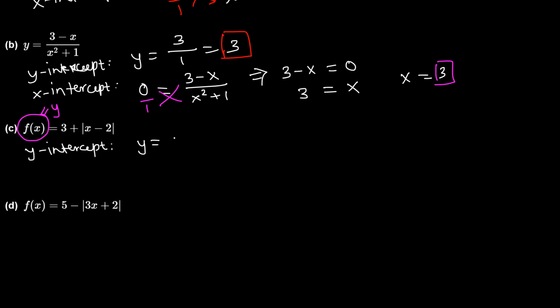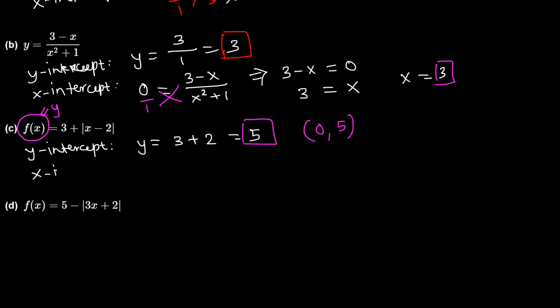So y equals 3 plus the absolute value of 0 minus 2, which is negative 2. The absolute value of negative 2 is just 2, so 5. So the y-intercept is just 5. If the question asks you to write in coordinate form, that would be (0, 5), because x is 0, and y is found to be 5.